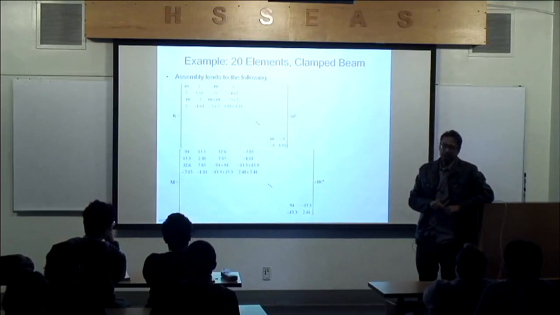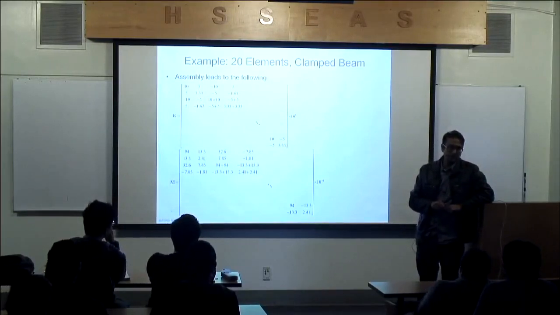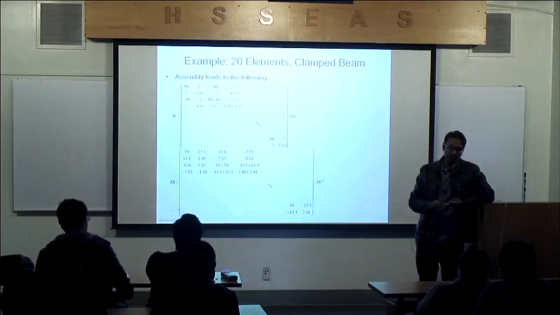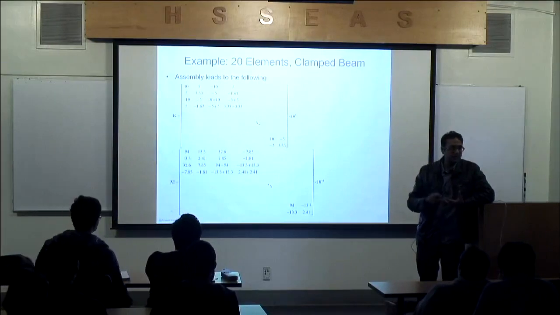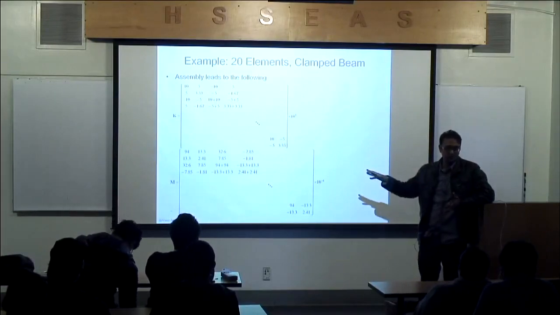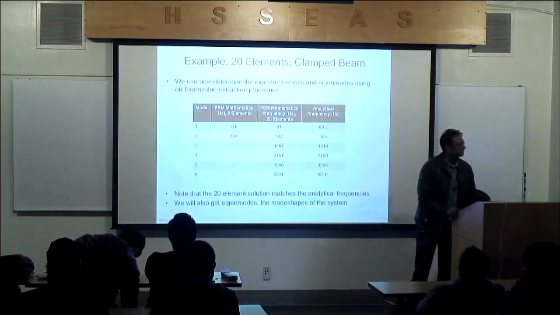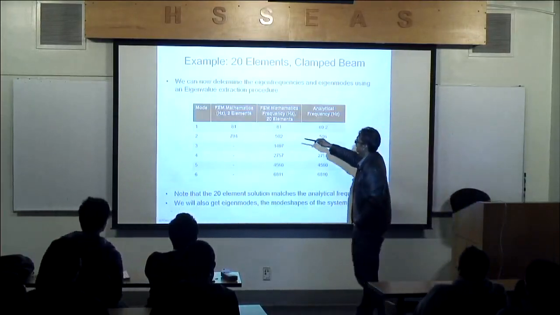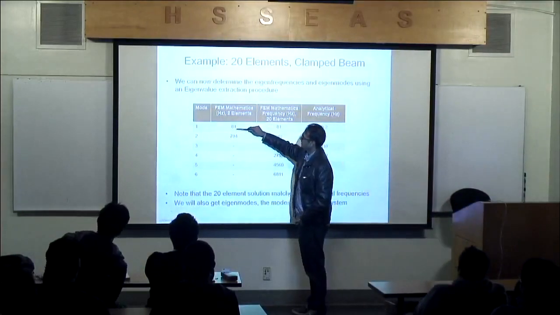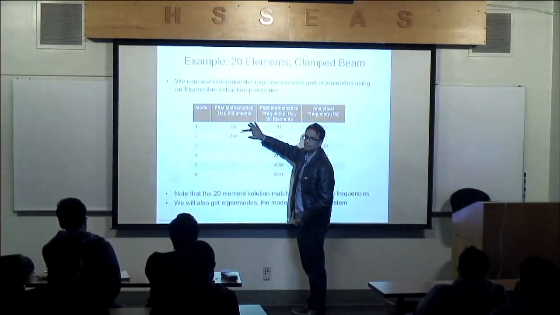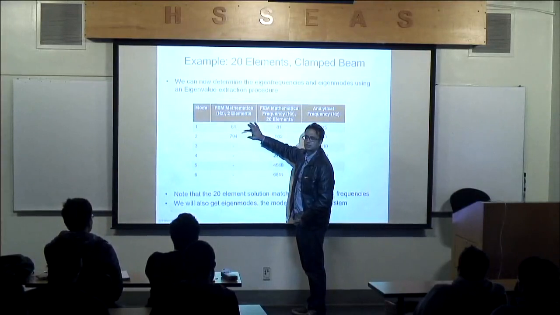But you can see here that given this K stiffness matrix and this mass matrix, given the density, the area, the modulus, the length, I can now calculate, and what Mathematica just did for me, I can calculate the frequencies. And so when I look at the frequencies for the single element, yeah, this is just one element.